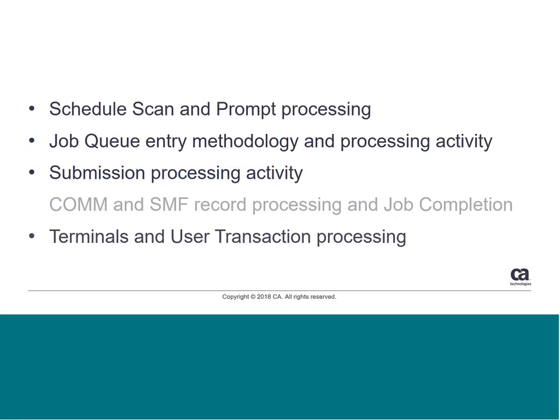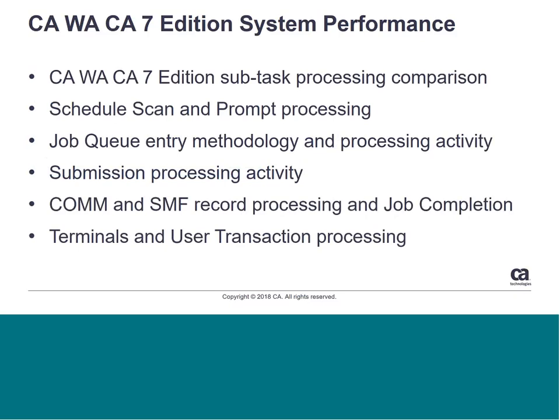A good place to start is basically with the main subtasks, and we'll go into more detail on each of those in terms of things like schedule scan and prompt processing, the job queues and the way you load jobs into those queues, and how we handle submission and so on.